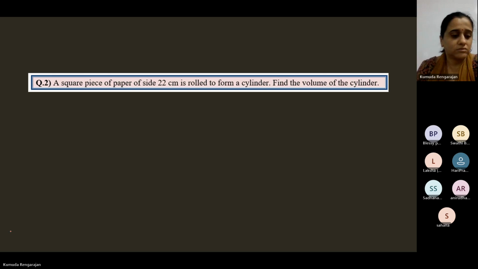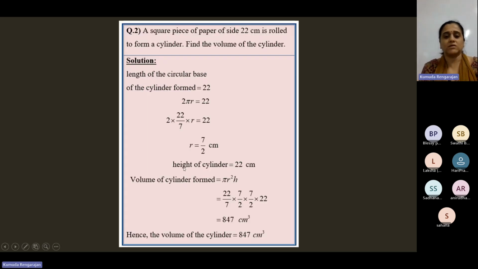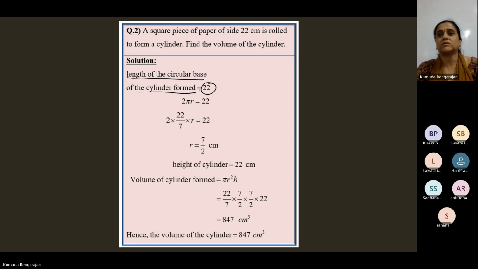See here, length of the circular base of the cylinder formed is equal to 22.